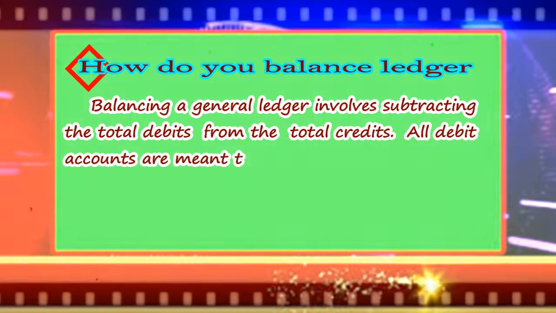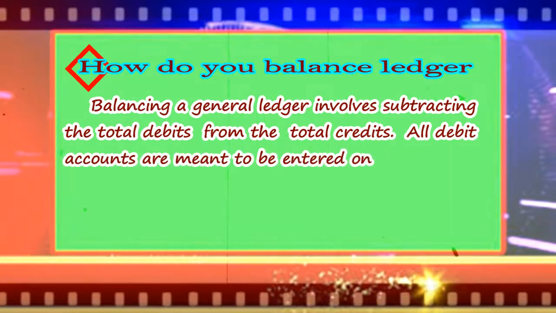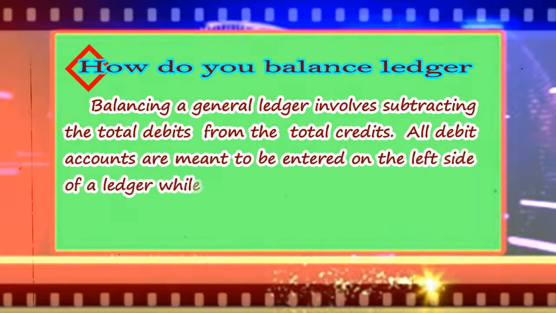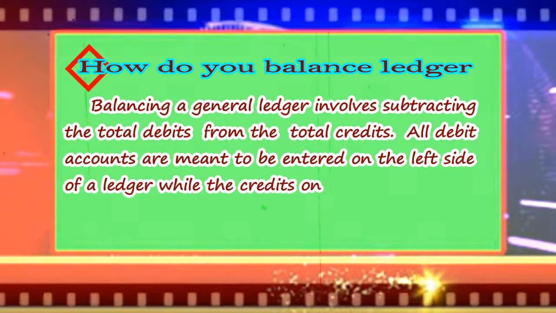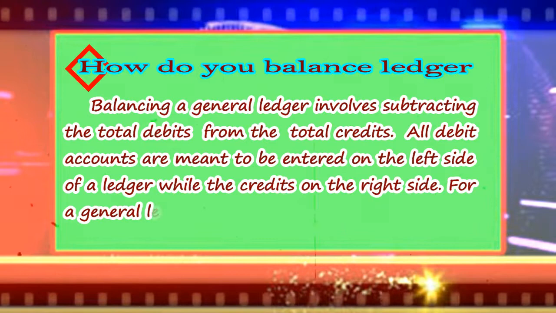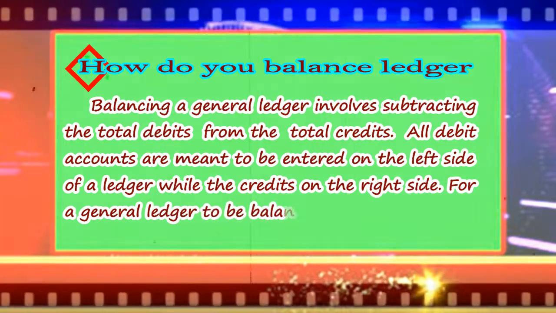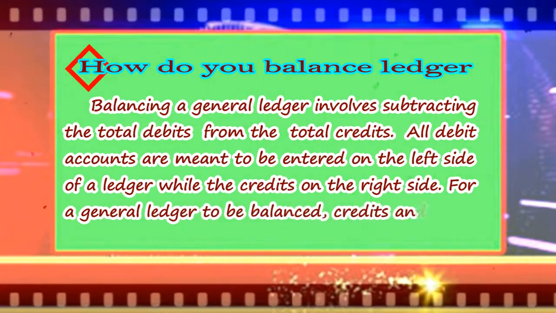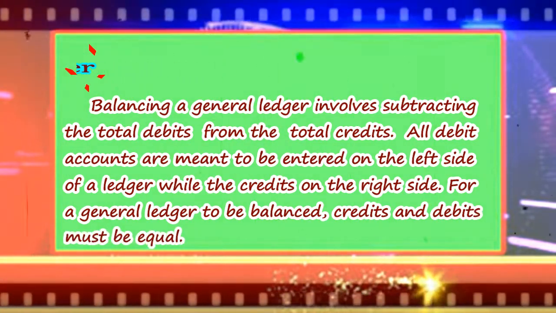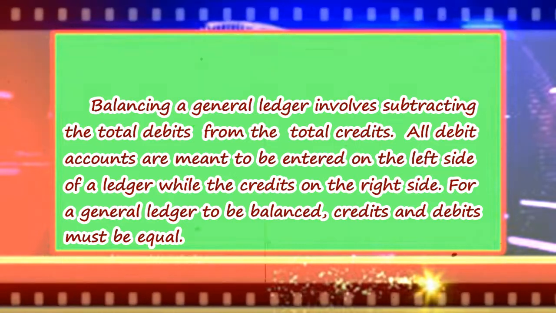All debit accounts are meant to be entered on the left side of a ledger, while the credits on the right side. For a general ledger to be balanced, credits and debits must be equal.